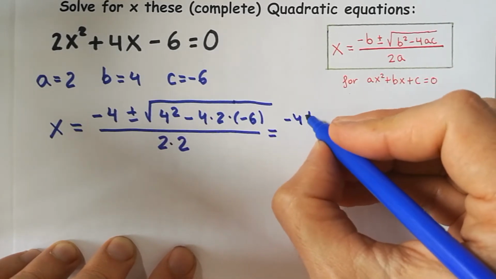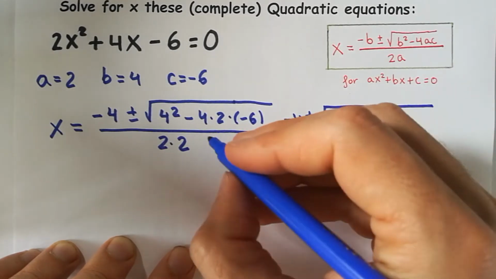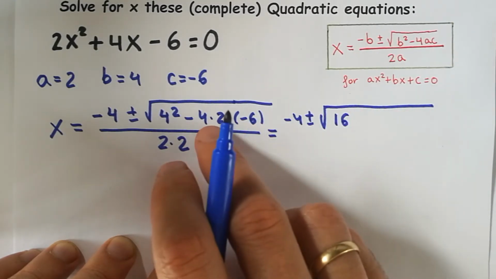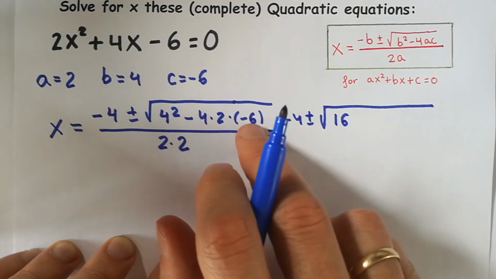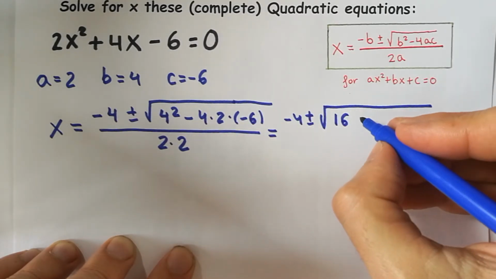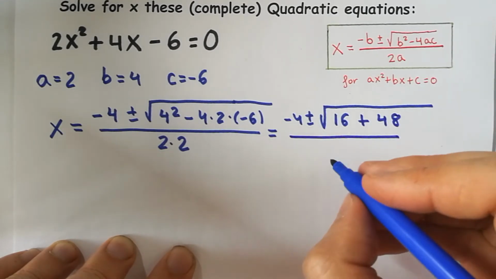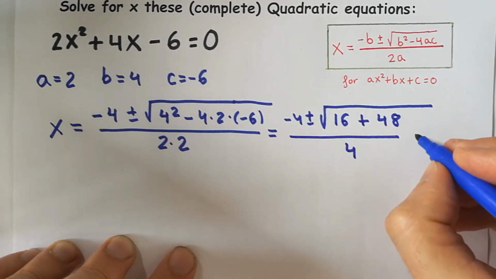Minus 4 plus minus. Inside here we get 16, and be careful with the signs. Minus 8 times minus 6 is plus 48. Divided by 4.